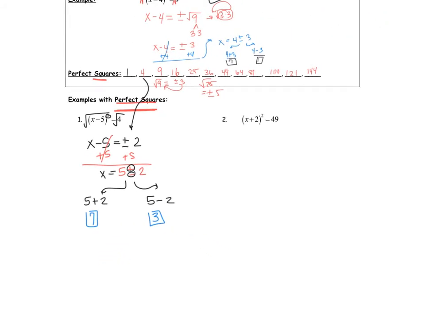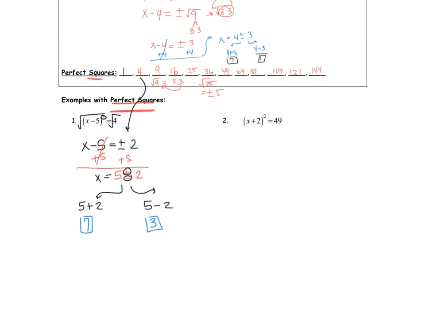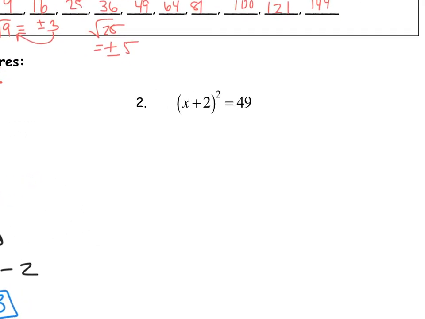Using that information, I think you should try to do example number 2 by yourself, or you can watch me solve it and follow along. So I have x plus 2 squared equal to 49. I take the square root of both sides. The square root of x plus 2 squared is just x plus 2. And that's equal to the square root of 49.